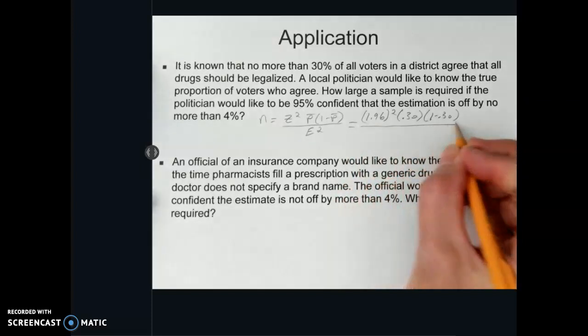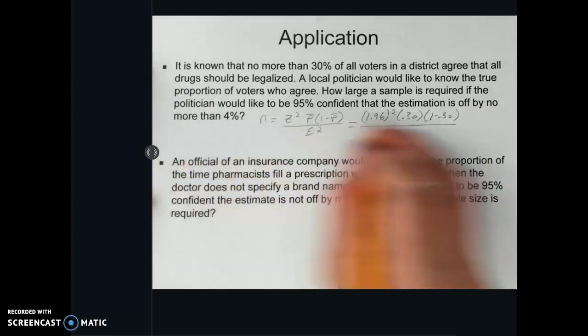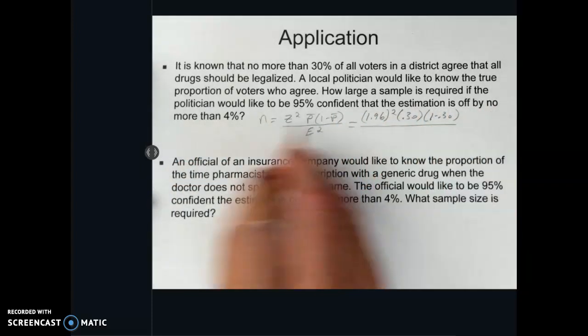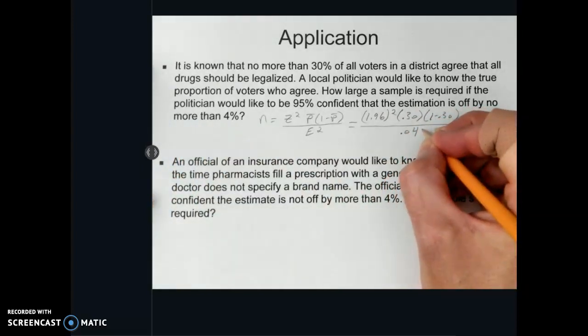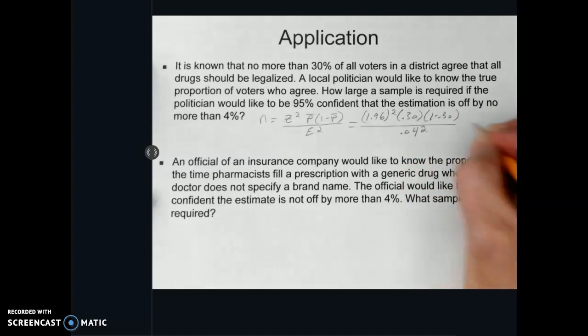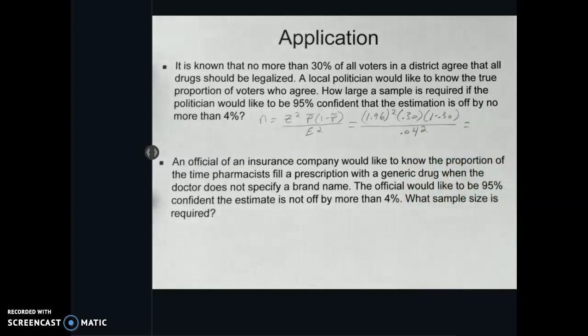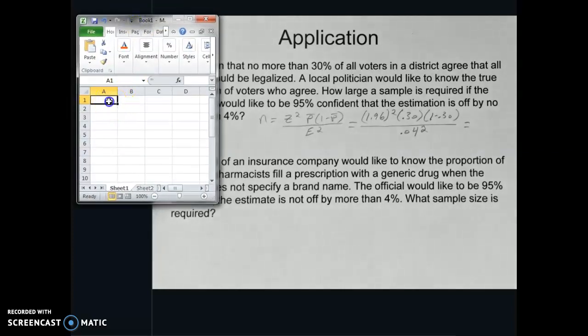And we can divide all of this by our margin of error, which it says confident that the estimation is off by no more than 4%, so 0.04 squared. Now, if you do this in Excel, let's pull this up here. Let's see what we get. Well, 1.96, we want to square that, and then we're going to multiply that by 0.3.